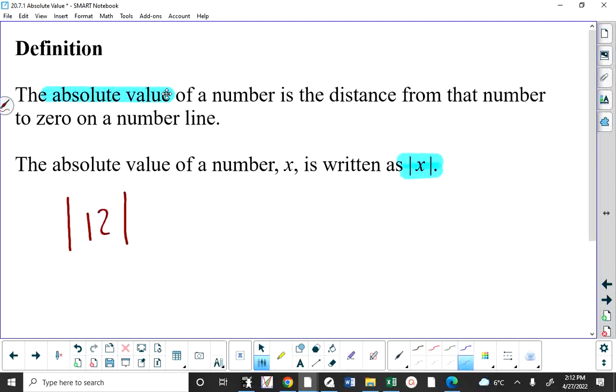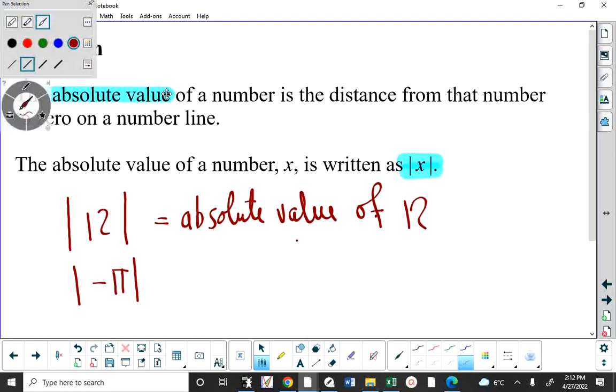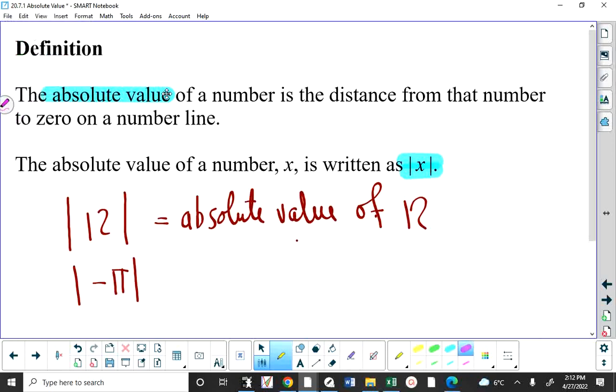This is the absolute value of 12. This is the absolute value of negative pi. I'm not going to write that out. I'm just getting across the idea that absolute value is indicated by using those two vertical lines. That's all.